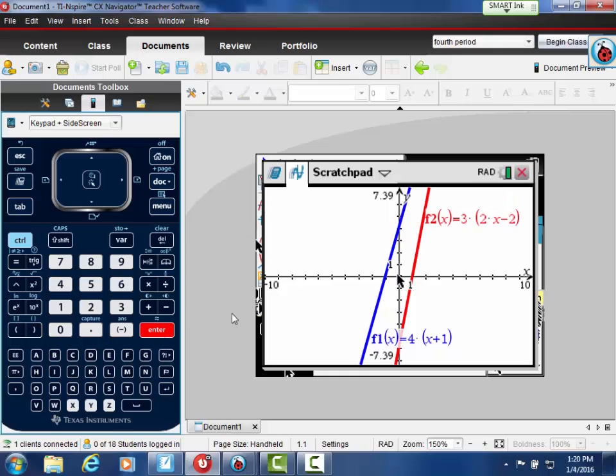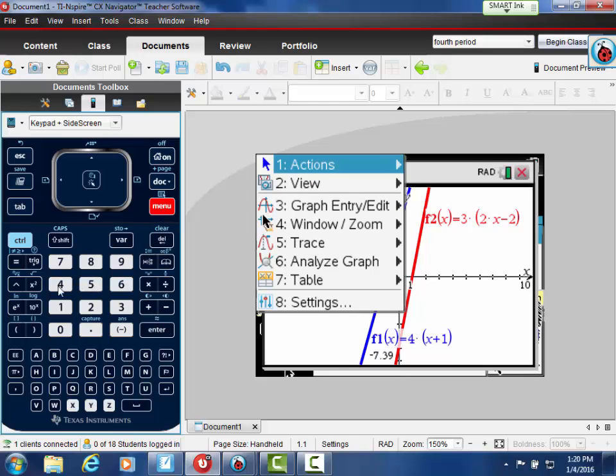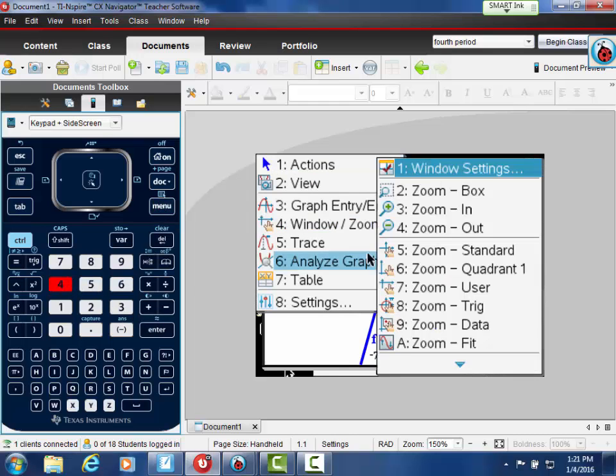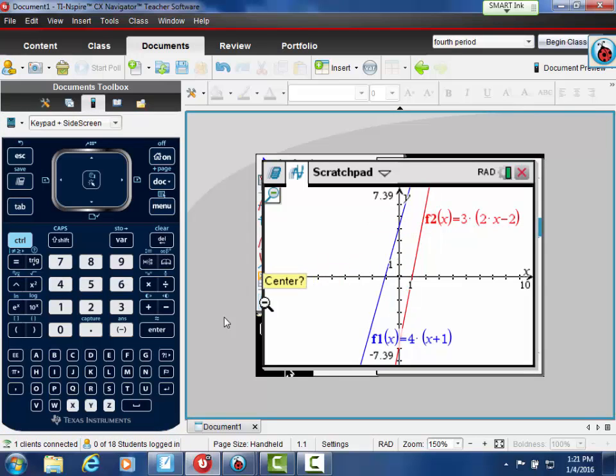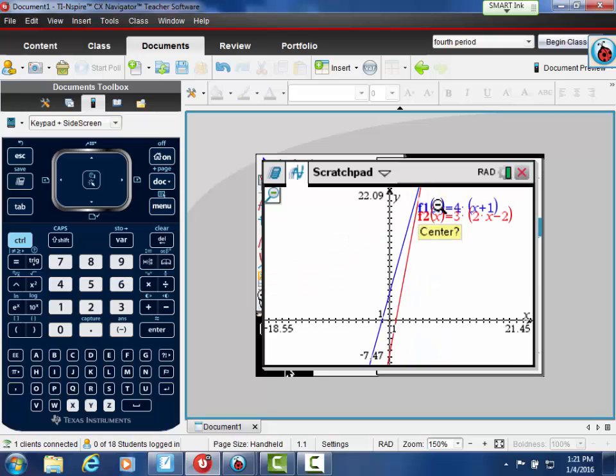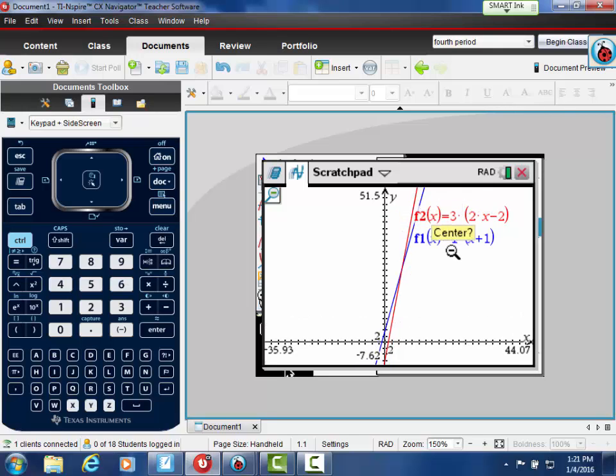Enter. Okay, now this one's off the screen, so I'm going to have to work a little bit more. So I'm going to change my window or my zoom factor, and I'm just going to zoom out here. And I want my center to be up here somewhere because that's where they look like they're going to cross. I'm going to do it again. Okay, so now I can see where they're crossing.